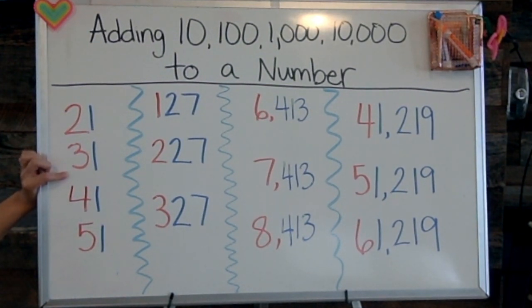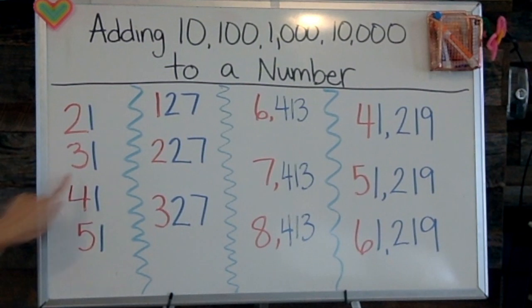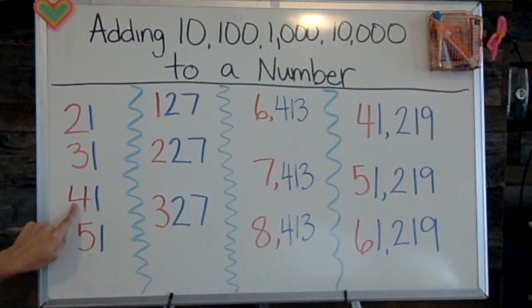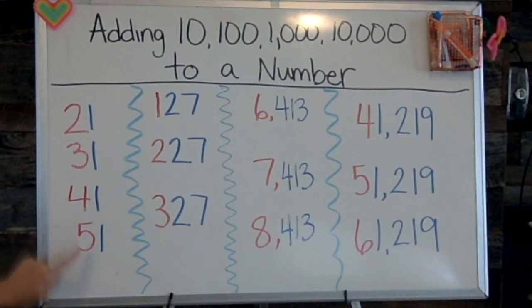If I want to add 10 to 31, I go to my tens place, which is my 3, and I add 1 to that, 41. Okay? 41 plus 10, I'm going to go to my tens place, which is my 4, add a 1 to that, it's 51. This back number, this ones place, does not change at all.